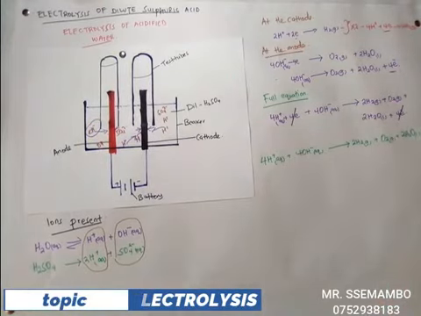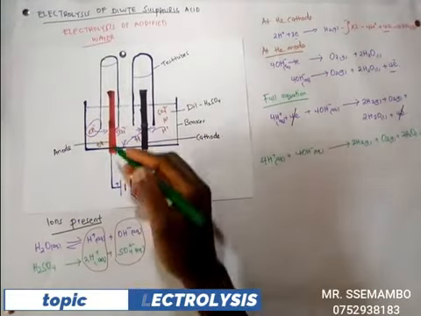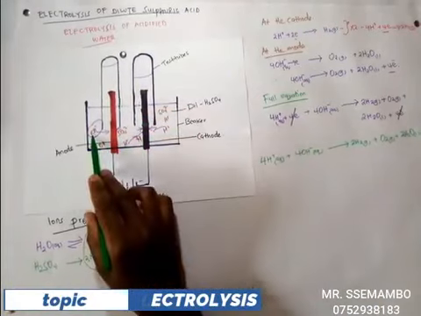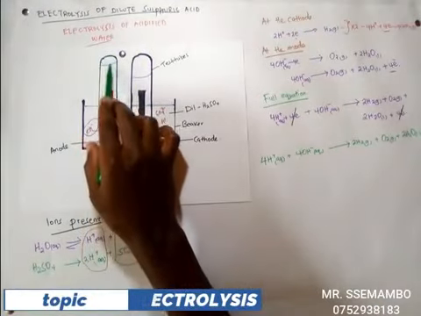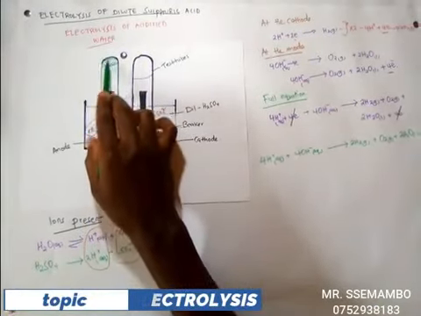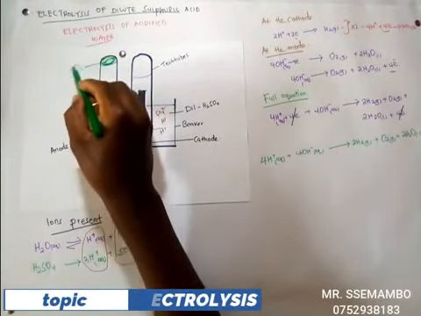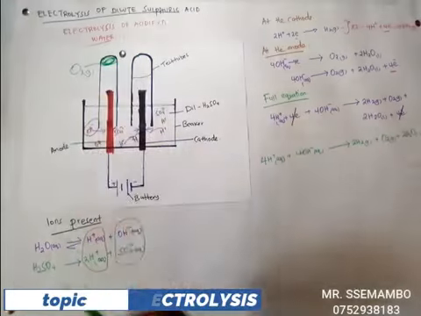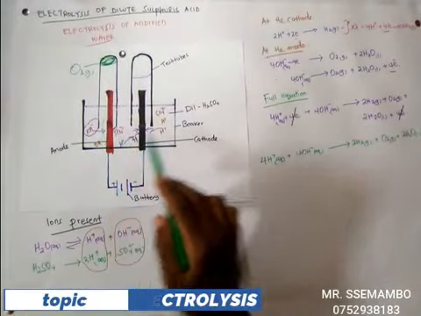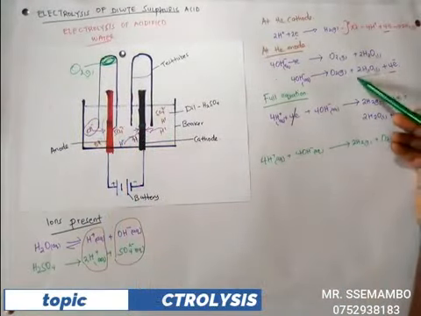When you look at our setup here, at the anode, as we are discharging hydroxyl ions, we have a gas that is collected in this tube here. This gas is oxygen gas, and around here we have water, because in the second equation we saw that we have water.